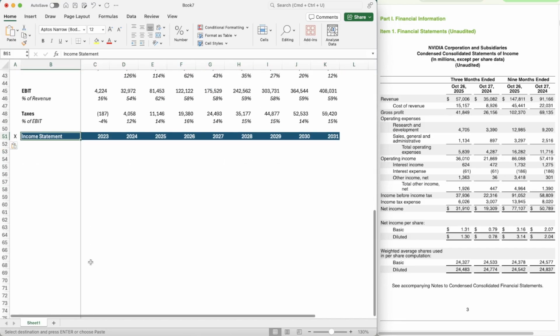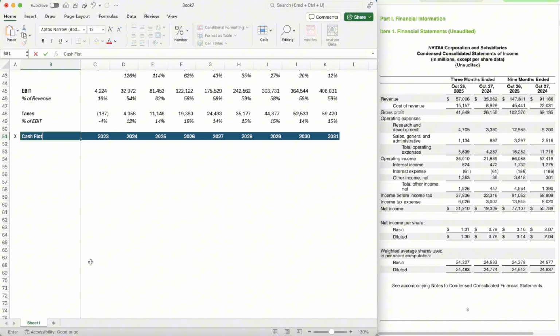The next section are the cash flow items. These are your depreciation and amortization, your capex, and your change in net working capital.